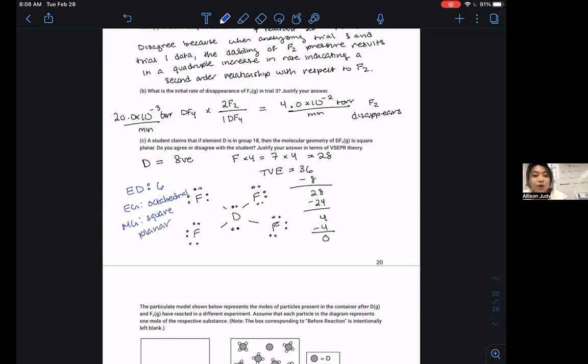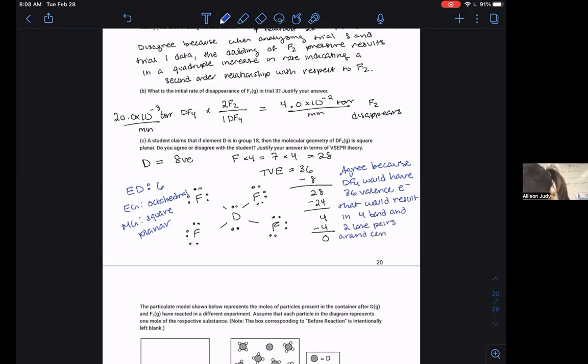So overall, we would say yes, we would agree, because DF4 would have 36 valence electrons that would result in 4 bonds and 2 lone pairs around the central atom, which is consistent with square planar.